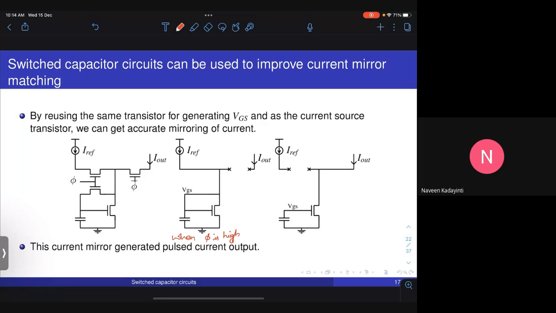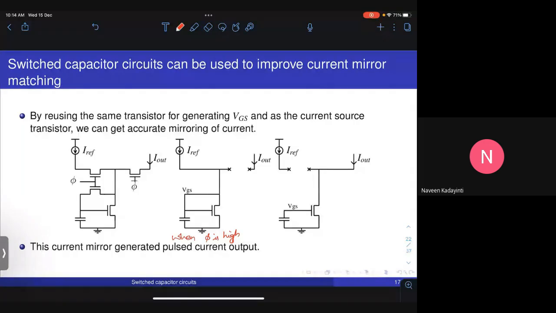When phi is high, the equivalent circuit looks something like this. So Iref, the transistor's gate and source are connected together by this switch here. There is a capacitance here which charges to VGS.